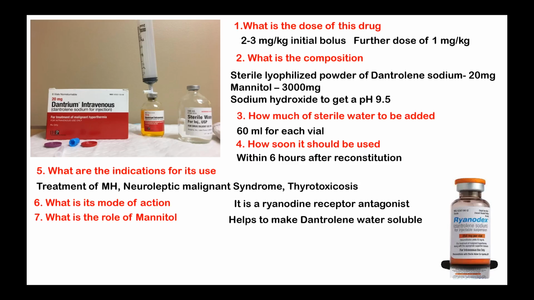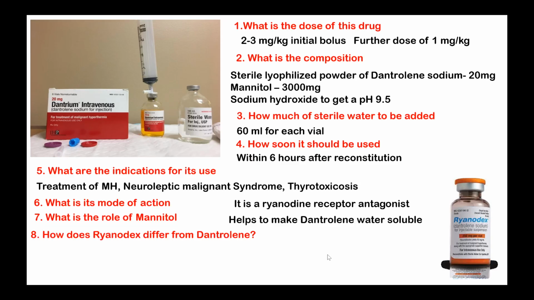What is this? Ryanodex. This is also dantrolene sodium only. But what is the difference? Can you see the red lines here? Can you read it? 250 milligram per vial.